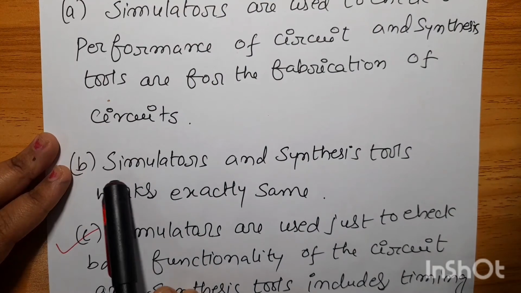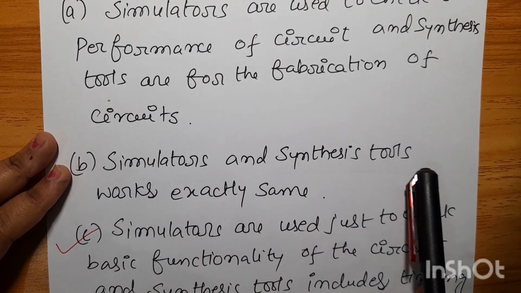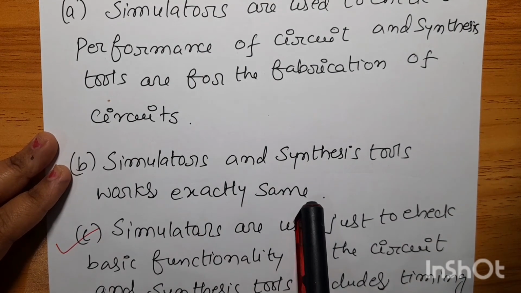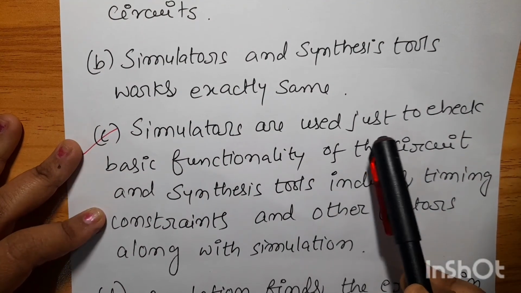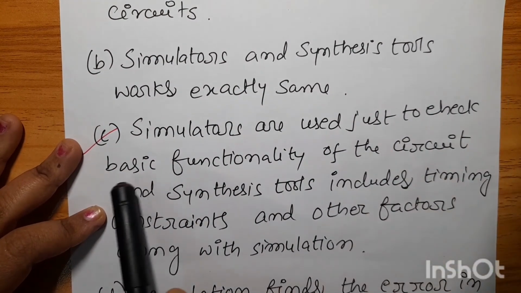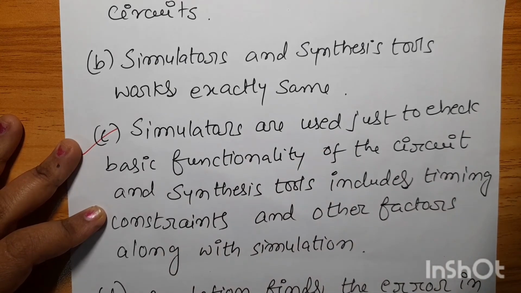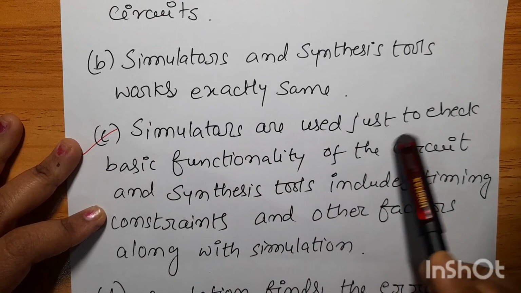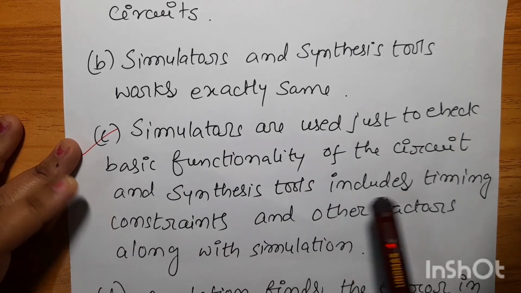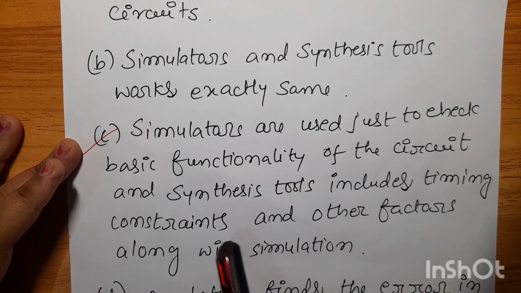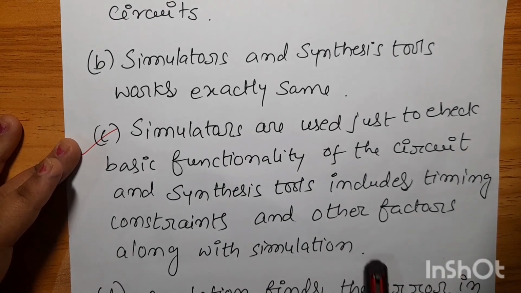Option B. Simulators and synthesis tools work exactly the same. Option C. Simulators are used just to check the basic functionality of the circuit, and synthesis tools include the timing constraints and other factors along with the simulation.